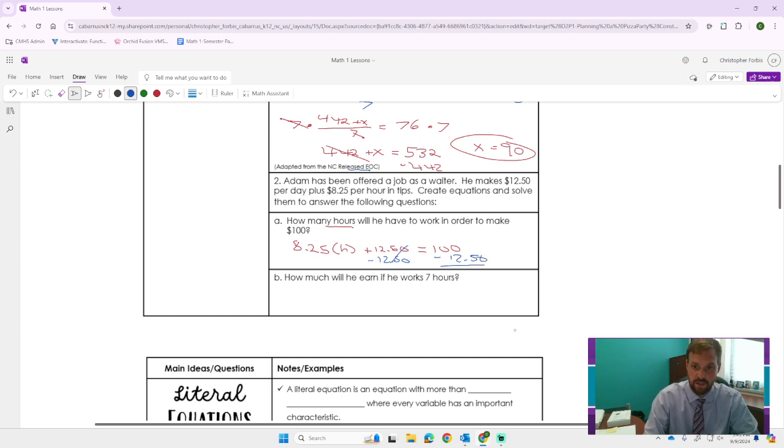Running out of space, so I'm going to write it right here. I'm left with 8.25H is equal to 87.50. And then we can divide both sides by 8.25.